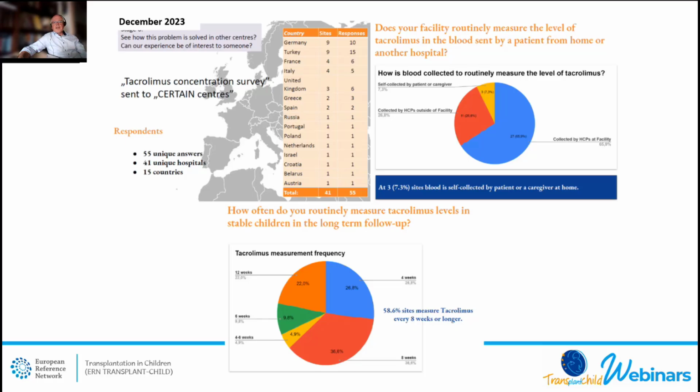More than 50% of clinics perform tacrolimus measurements less than every 8 weeks, and only 3 centers can measure tacrolimus in blood taken by parents or children at home. So I think our experience can be new and interesting for others.